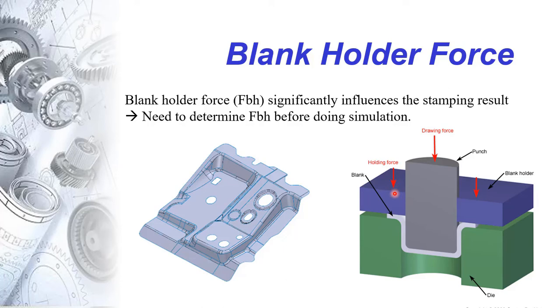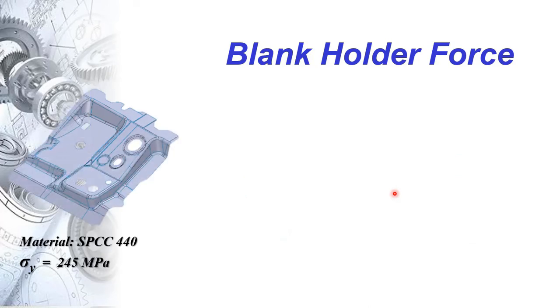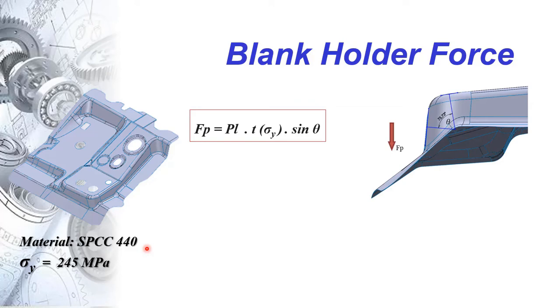In order to determine the blank holder force, we need to know the punch force. The material of this part is SPCC 440 that has a yield strength of 245 megapascal.